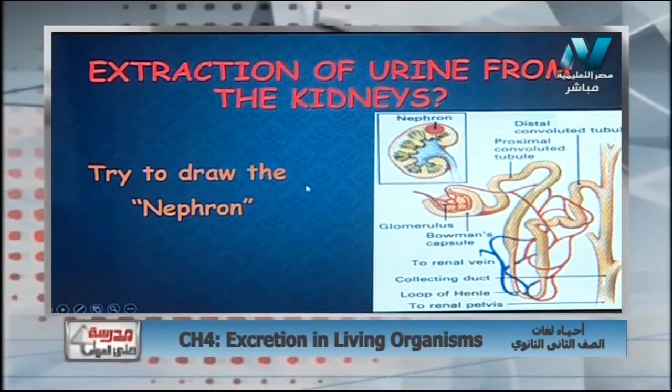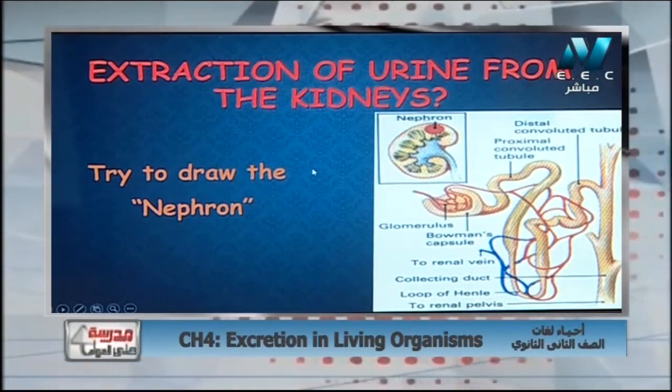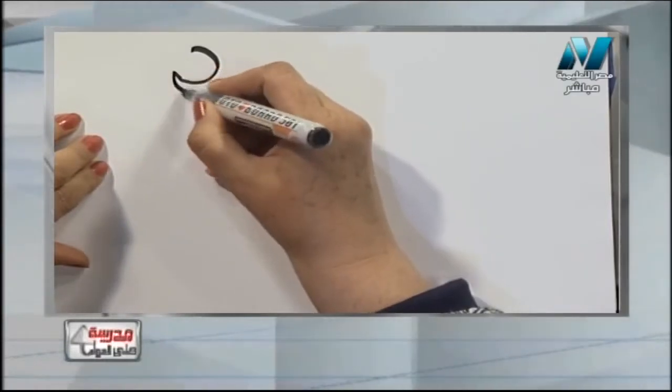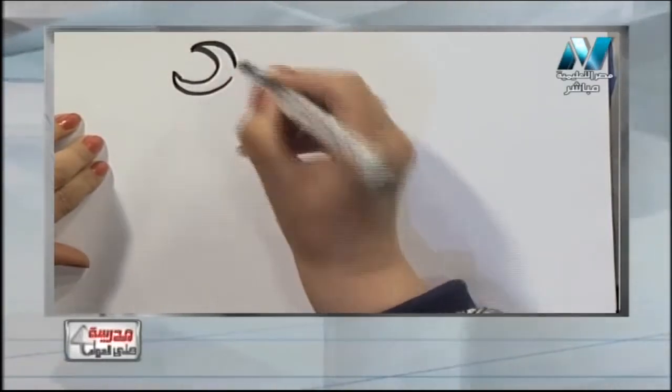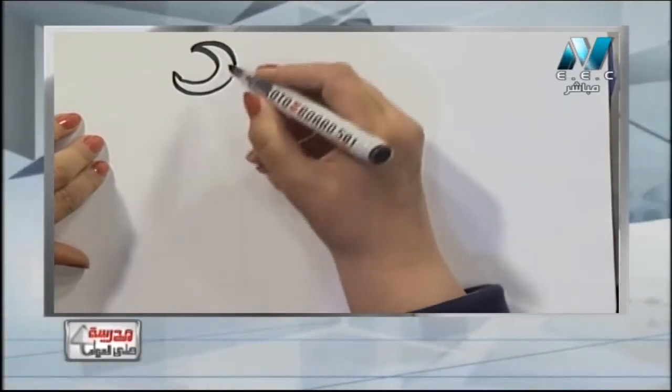Now you need to practice how to draw the nephron. Try to follow me in drawing the nephron. As we said, the nephron is composed of Bowman's capsule, like this. And Bowman's capsule is located in the cortex of the kidney.